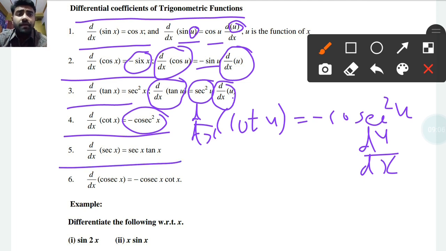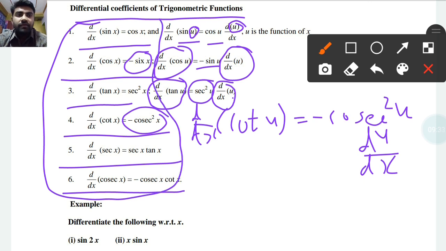Here similarly, differential of sec x is equal to sec x into tan x. Similarly we can write it in the form of u, and differential of cosec x is equal to minus cosec x into cot x. So you have to remember all these left hand side formulas, right? You will also find these additional formulas.